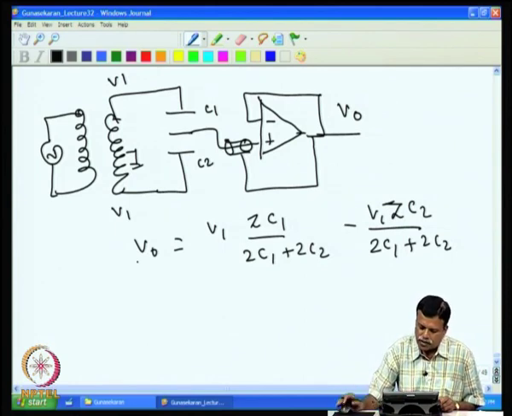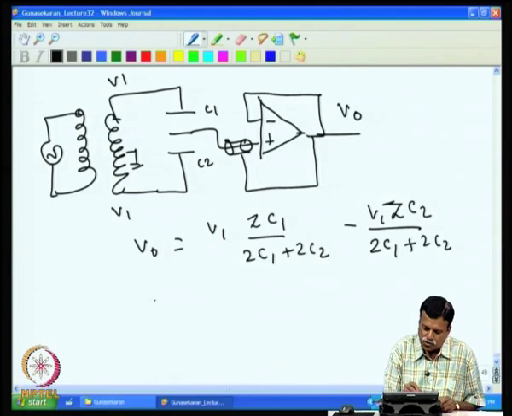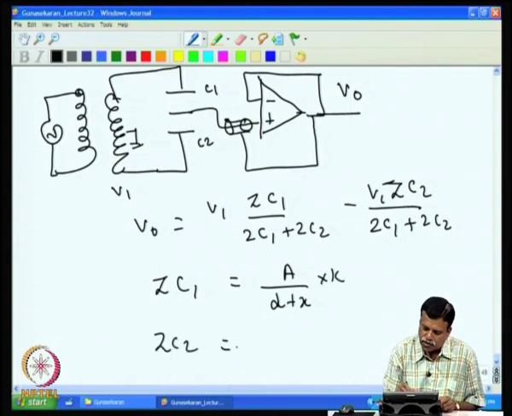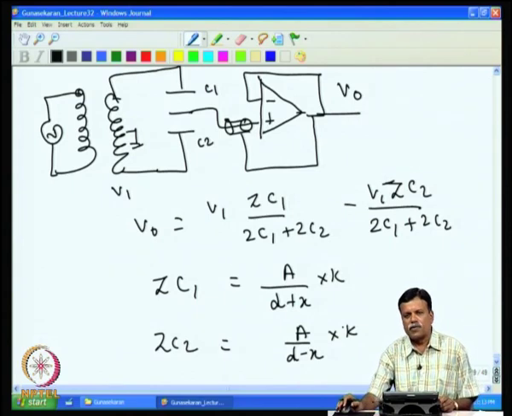For example, ZC1 will come as, here it is a space variation, a constant k and 1 by d plus x, and ZC2 will be a by d minus x into the constant k, which actually consists of mu naught, epsilon naught and epsilon r.